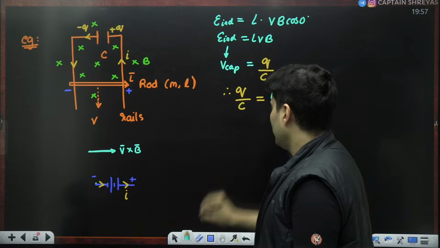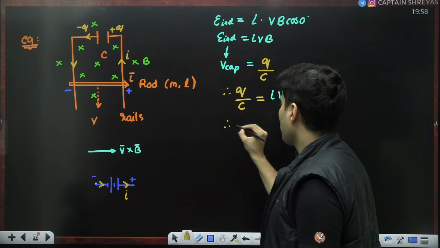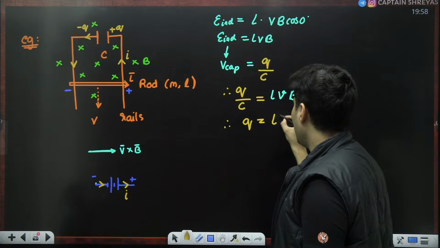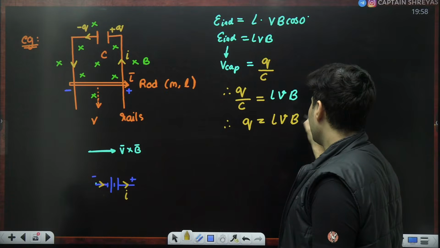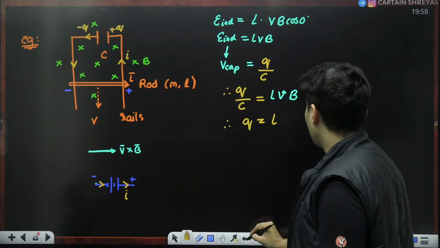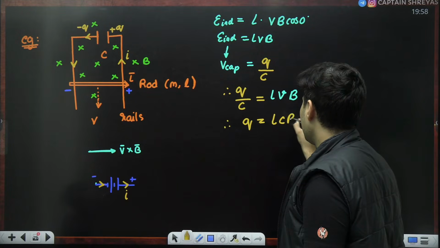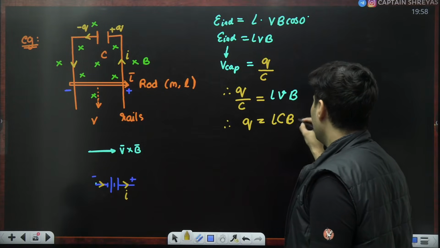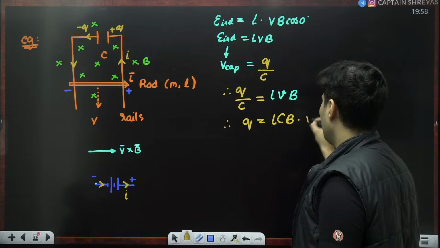Now if you want, I can do one more thing. Q is equal to LVBC, or I can also write it as LCB into velocity.